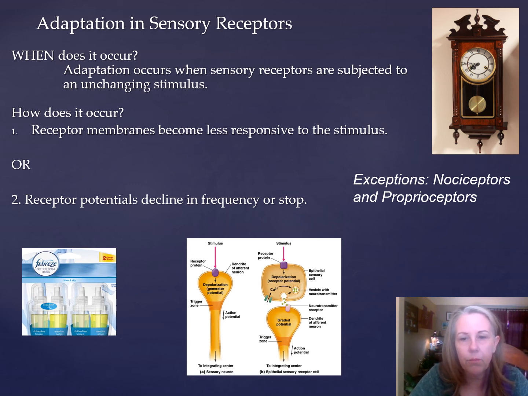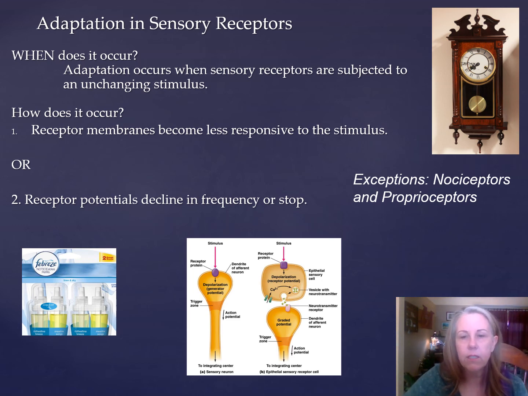The second one is proprioceptor. And that is just one name that we give to joint kinesthetic receptors. So where we find proprioceptors or joint kinesthetic receptors are in and around your muscles and your joints. And proprioceptors are always sending those impulses.